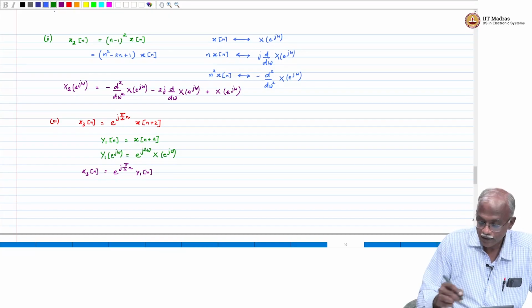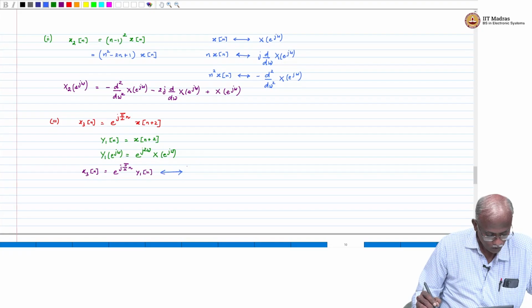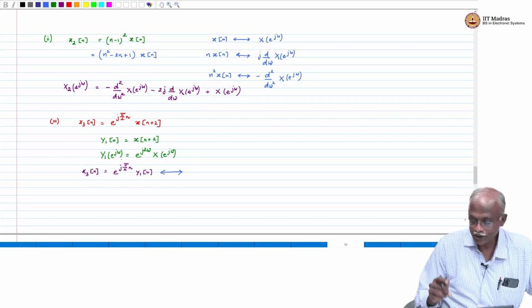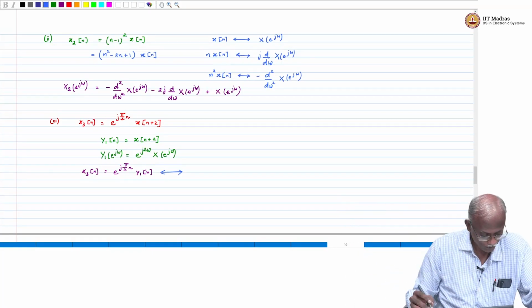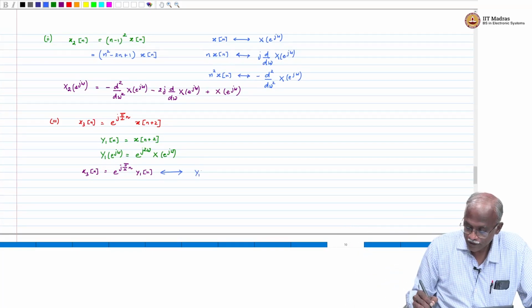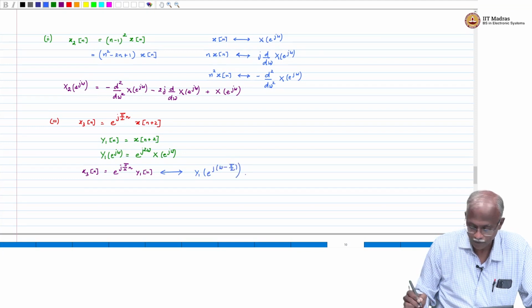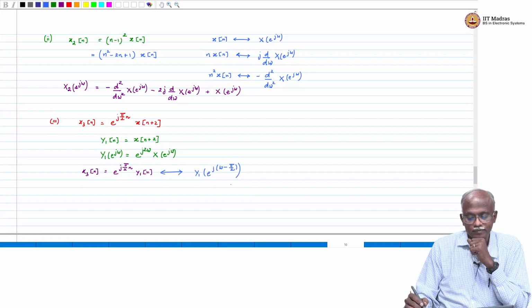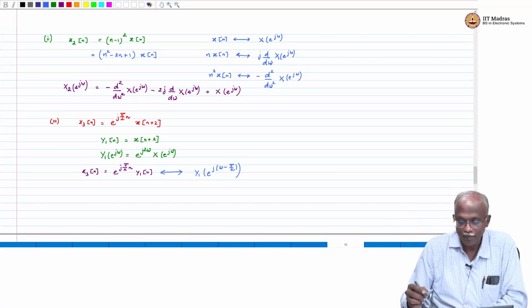Now, this is a frequency shift. This is given as a frequency shift, e power j omega naught n. So, it is a shift to the right by pi by 2. So, this will be equal to the DTFT of y1, e power j omega minus pi by 2. This is going to be the expression. Now, wherever there is omega, you have to replace omega with omega minus pi by 2.